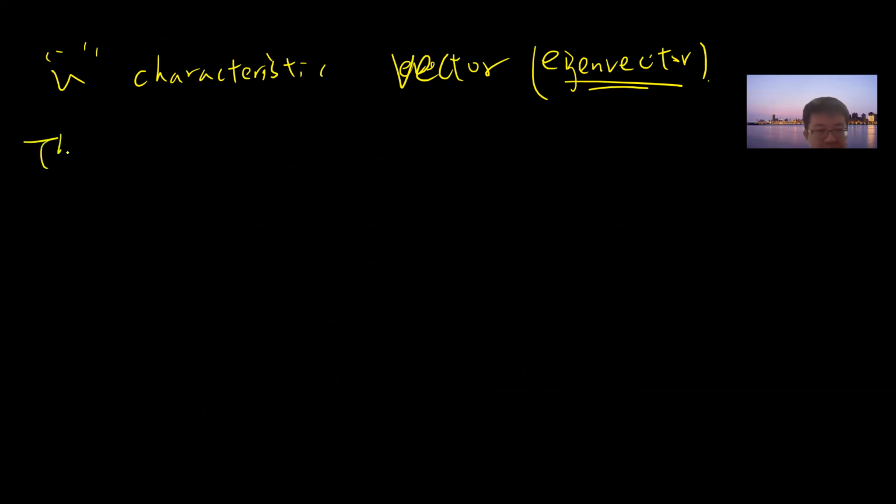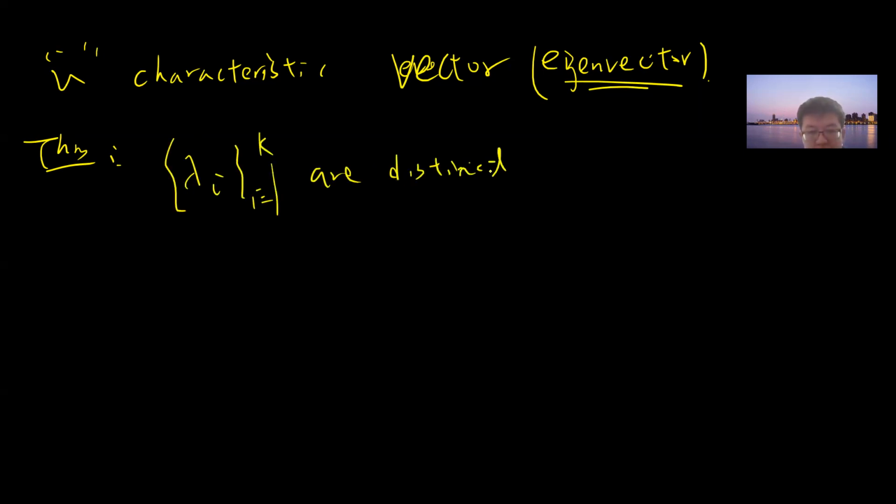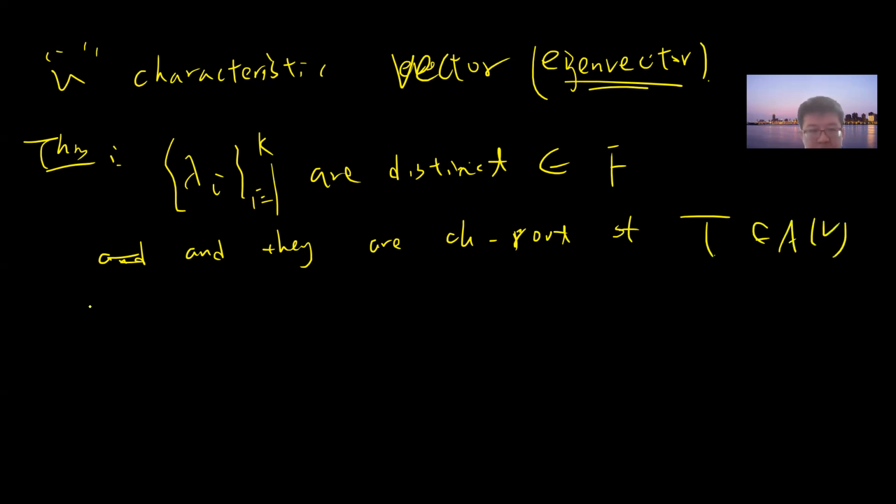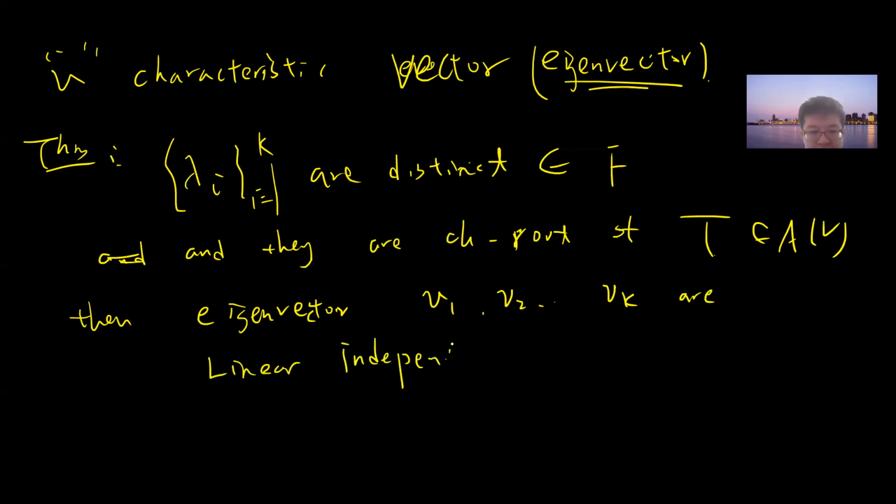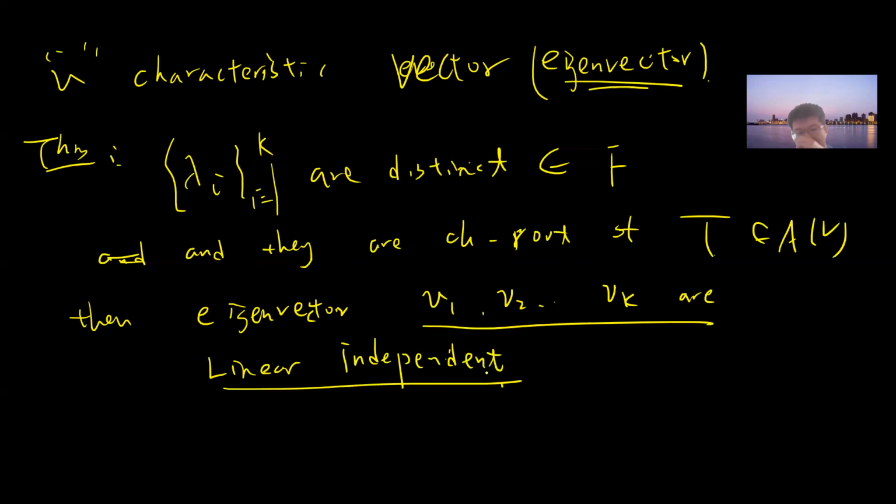Okay, so the final theorem. This section should be simple. The final theorem says that if lambda_i, let's say i from 1 to k, are distinct, so they are not the same, and also in F, and they are characteristic roots of our T belonging to L(V), then the eigenvectors v1, v2 up to vk are linearly independent.